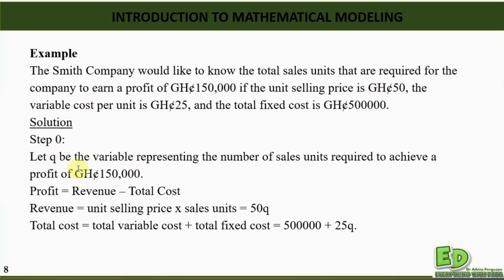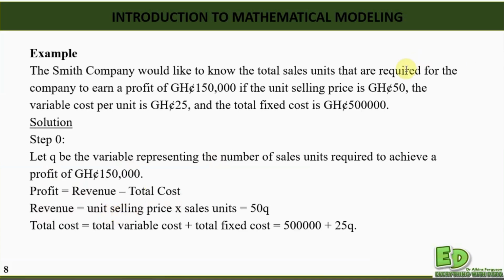So let Q be the variable representing the number of sales units to achieve a profit of 150,000. And what is profit? You know that profit is total revenue minus your total cost. And here from the function over here, total revenue is the unit selling price times the sales unit. Or say total revenue is price times quantity, right?